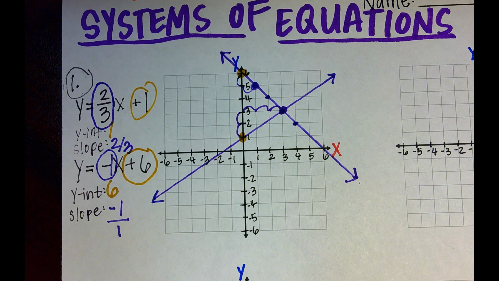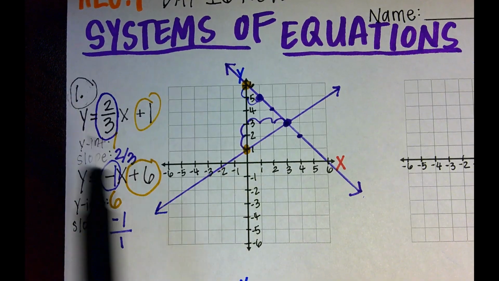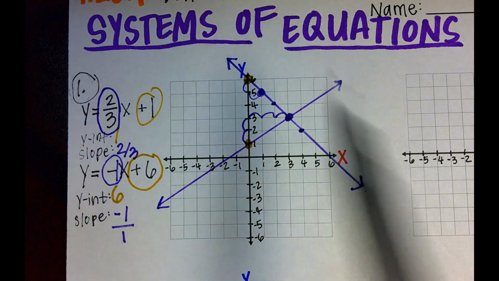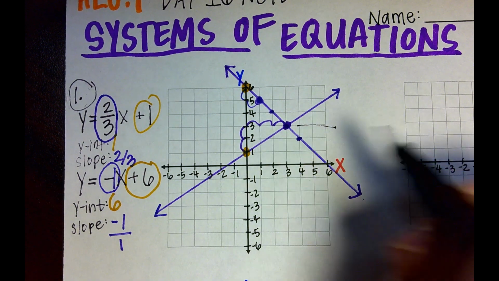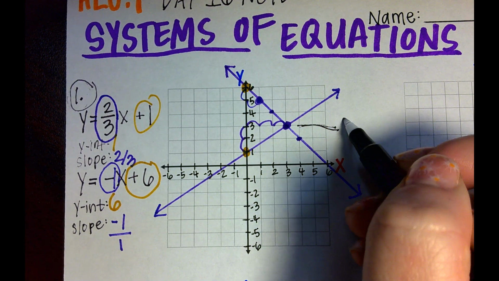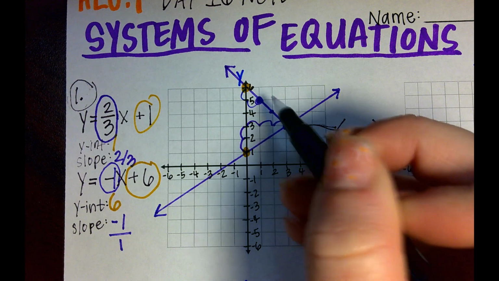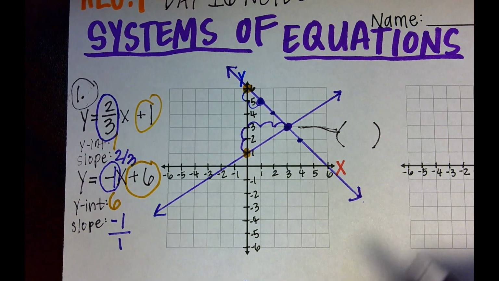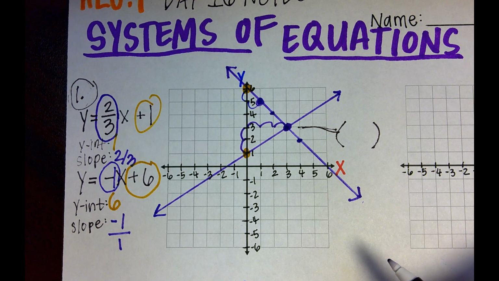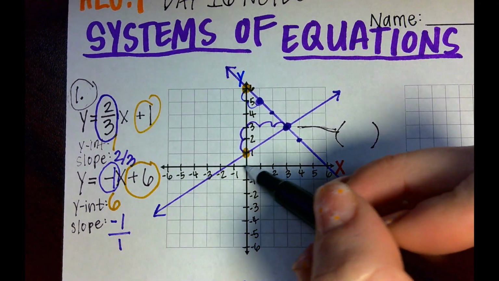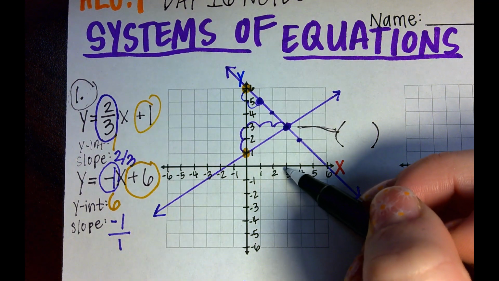But we are supposed to be trying to solve a system of equations, and the solution is the intersection. So we're going to write the coordinate where the lines cross each other. So what would this coordinate be right here? 3. So we go over 3 in the x direction.